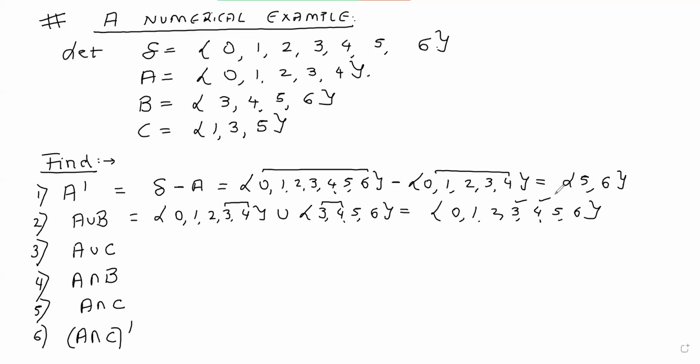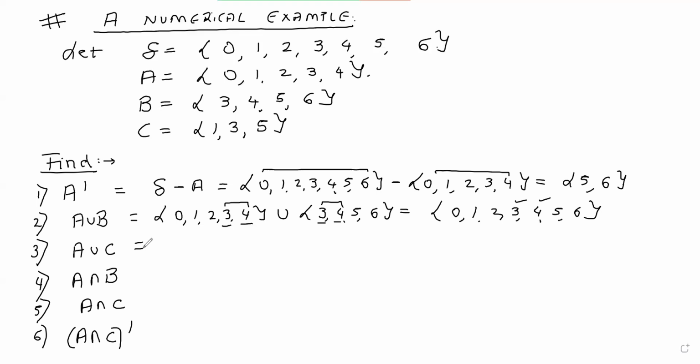Remember, A union B means you just add up all the elements of A and B and you write them together in a set. Very simple. Because A union B simply means all those elements which are either in A or in B or in both. So in both A and B, 3, 4 is repeated, but I'll write 3, 4 only once, because 3, 4 are the common elements in both A and B.